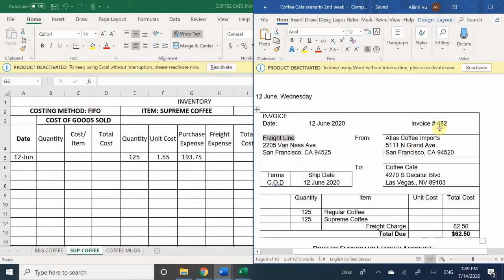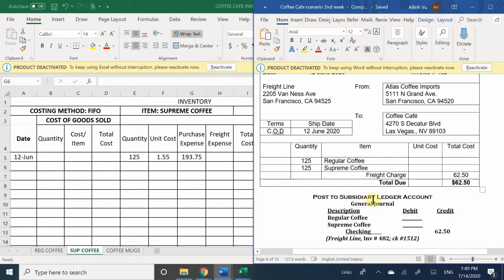They sent us a bill for $62.50 to ship the coffee over to us, because this vendor is in California and is the only supplier. They need to charge us shipping to ship the items to us.